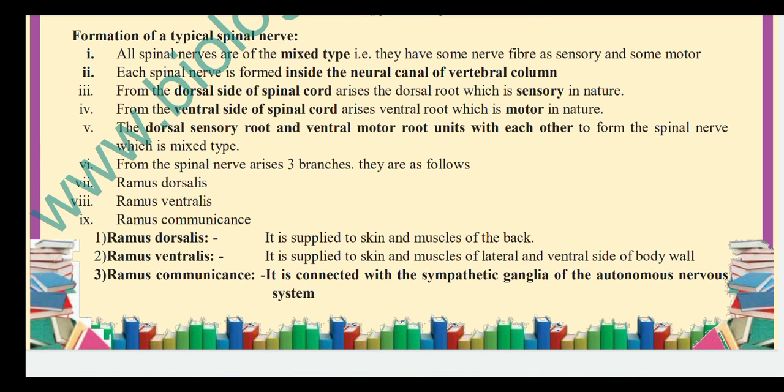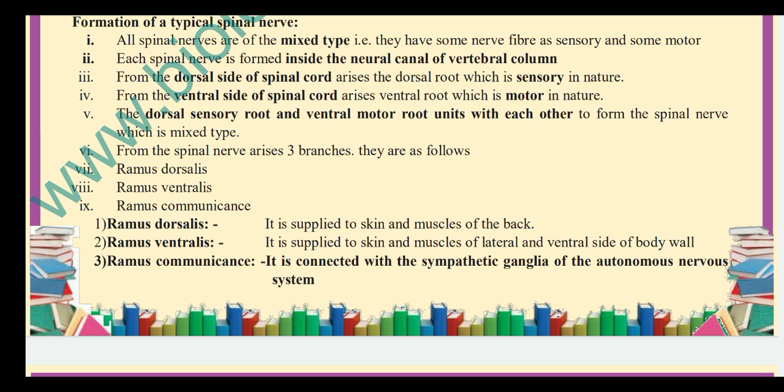Formation of a typical spinal nerve. All spinal nerves are of the mixed type. They have some nerve fibers that are sensory and some that are motor, so both functions they can perform. Each spinal nerve is formed inside the neural canal of the vertebral column.